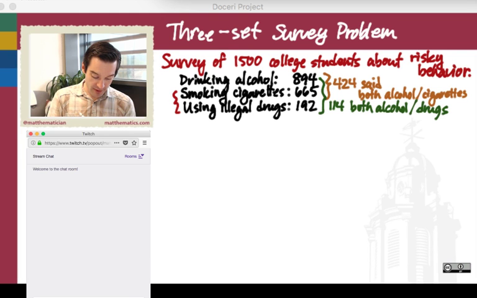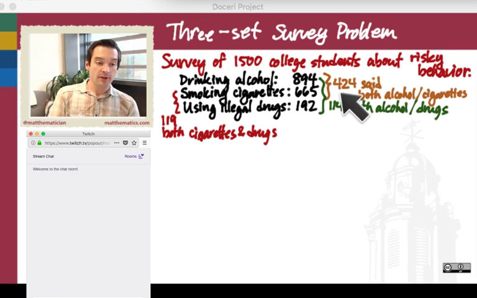I'm going to write that over here. Both cigarettes and drugs. And again, you'll notice that there's a potential for somebody in this survey to be in all three of these overlaps also, right?